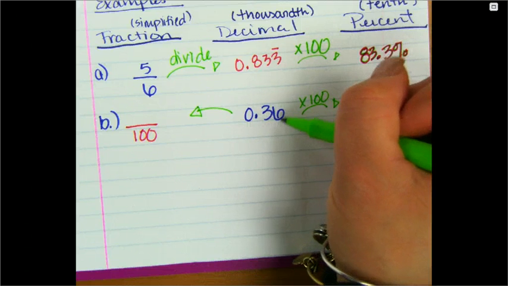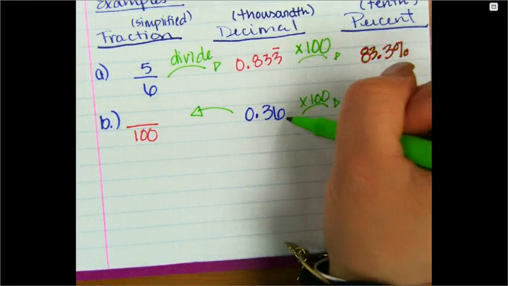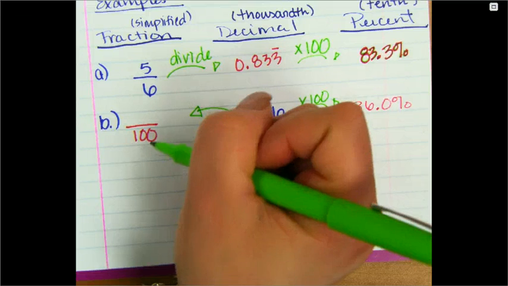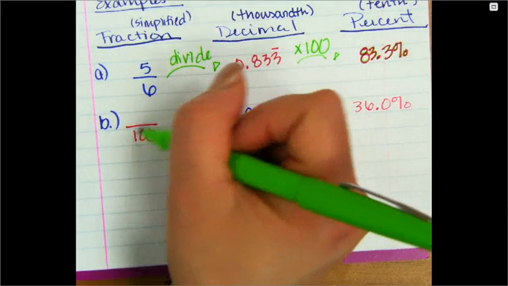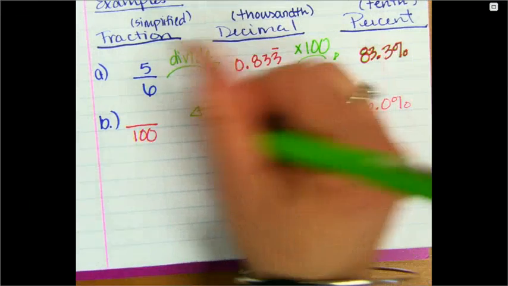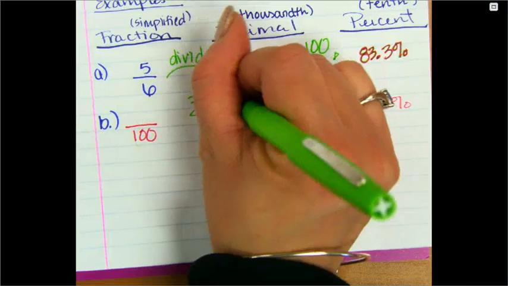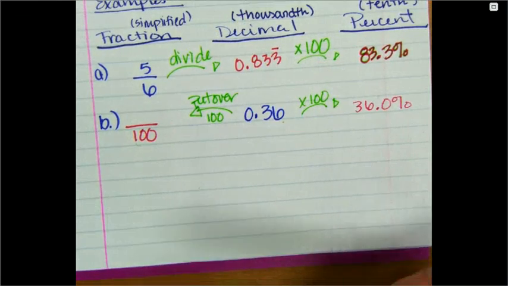What spot is this? The hundredths. So you're going to put it over 100. If it was thousandths, then I'd put it over 1000. Do you understand? If it's tenths, then I put it over 10. But it's the hundredths, so I'm going to put it over 100. Okay. What number goes on top?